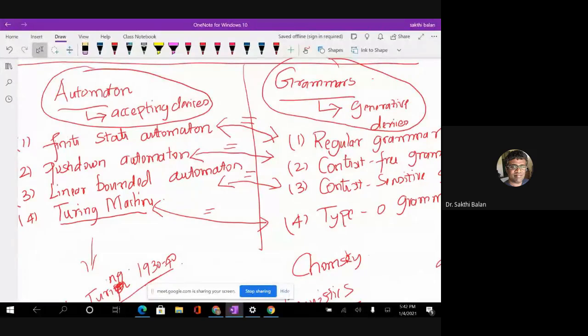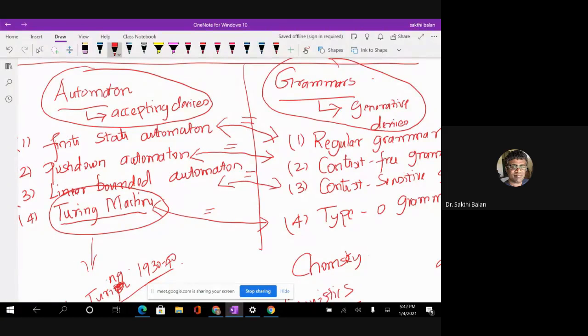So the Turing machine is thought of as the abstract machine which is equivalent to the computer that we have right now. Okay, so when I'm looking at a Turing machine, it means I'm looking at a computer.